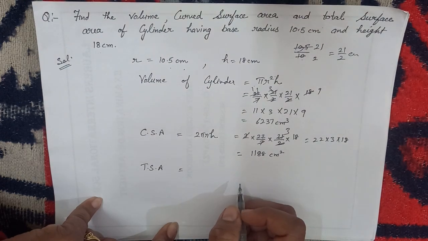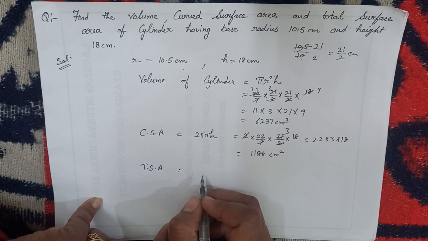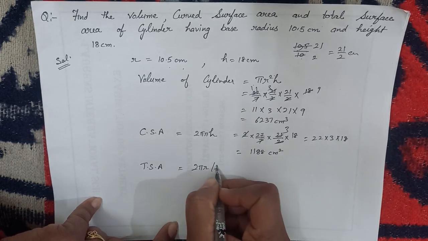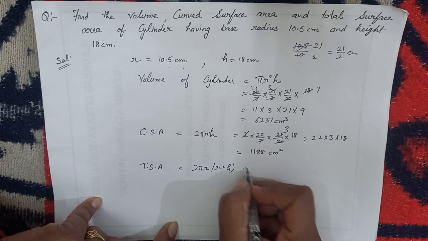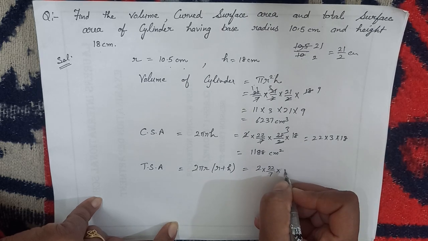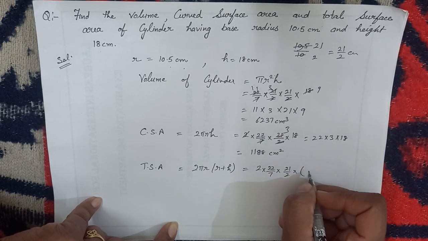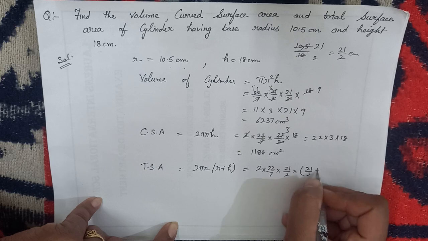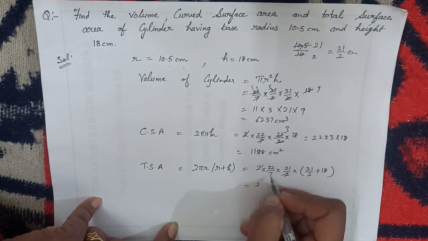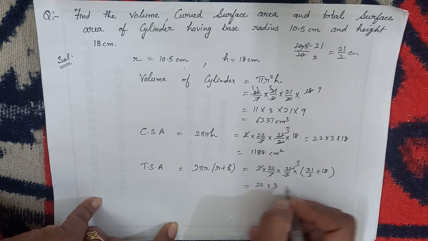So now come to the total surface area, how to use the formula of it, how to find the value of the total surface area. As I have said, 2 pi r and r plus h. Now the value of 2 and pi will be 22 by 7 and r is 21 by 2, in a bracket r 21 by 2 plus h, which is 18. That's 2 will cut 2 and 7 threes are, and we will be left with 22 into 3.